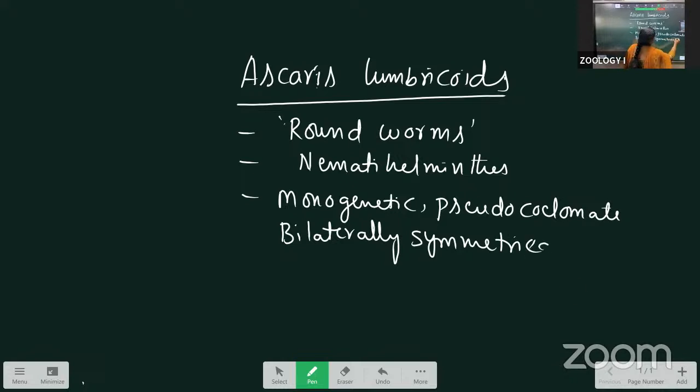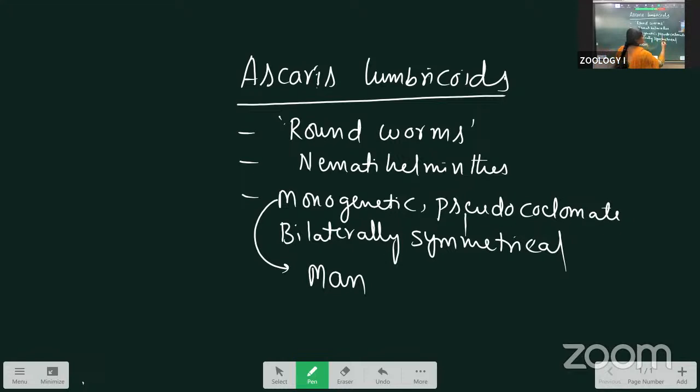Monogenetic means for the completion of the Ascaris life cycle, it requires only one host, that is man. One host is required for the completion of the life cycle, that's why we call it monogenetic.